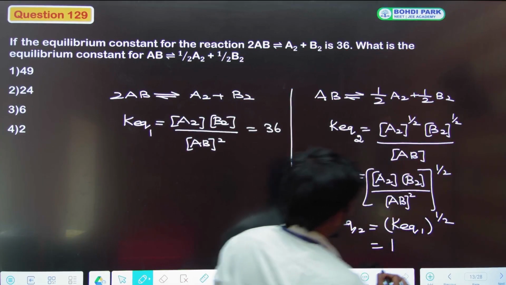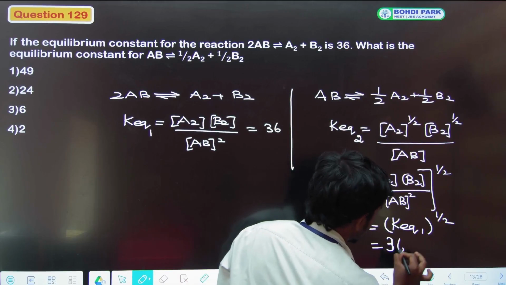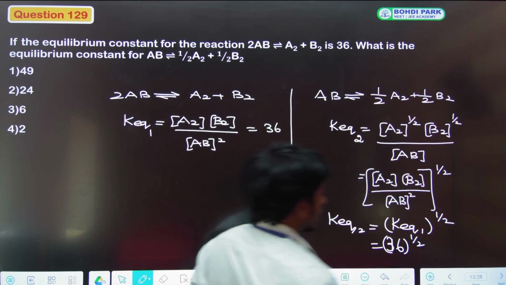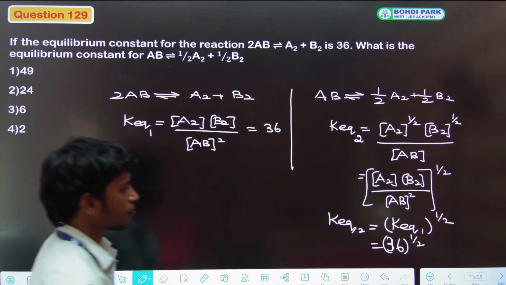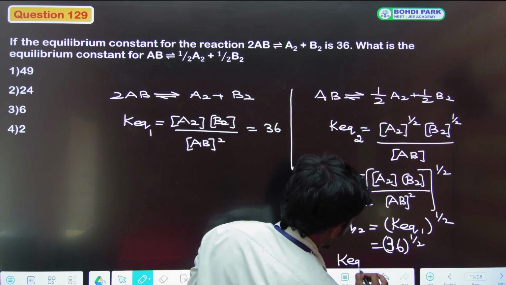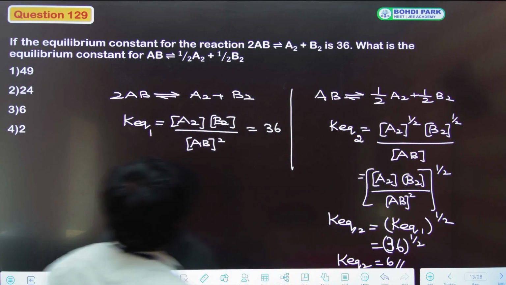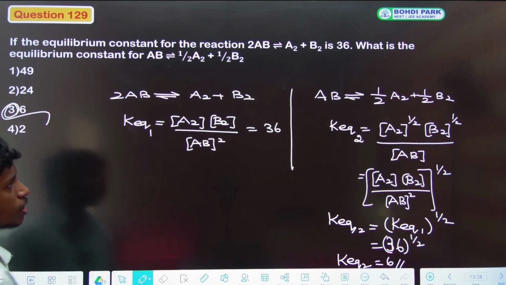So the value of KEQ1 is 36. 36 power 1/2 is 6. Okay, root of 36 is 6. So K equilibrium 2 is equal to 6. Option 3 will be the correct answer.